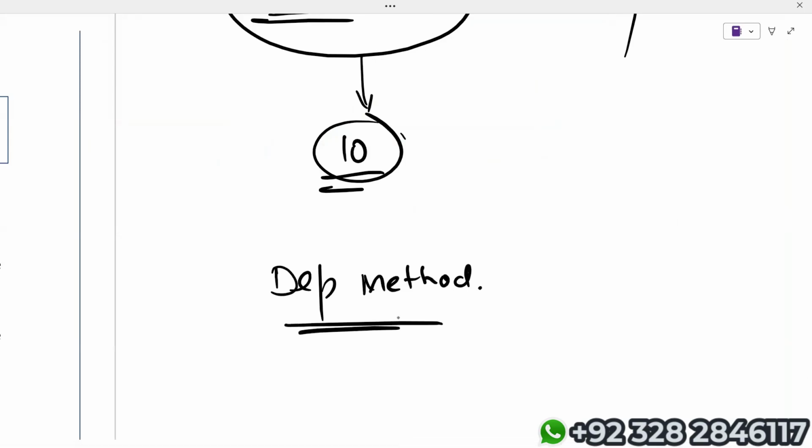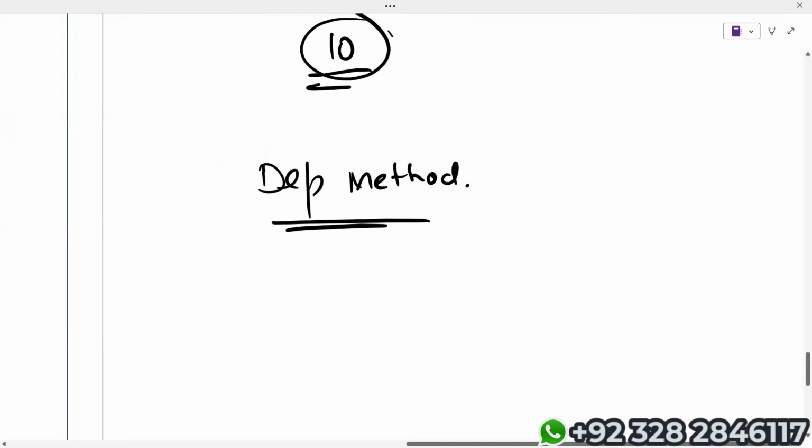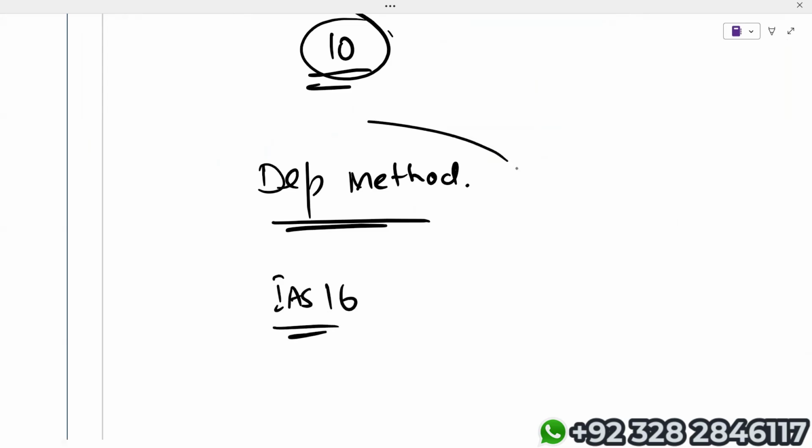Now try to understand the concept. Number one, according to IAS 16, depreciation method should match with the pattern of economic benefit which your company will be getting from that property, plant, and equipment.